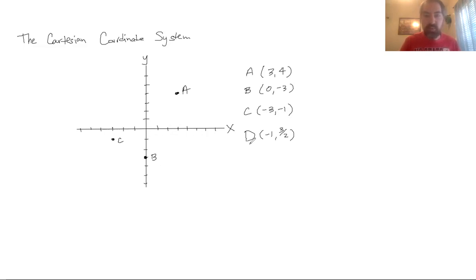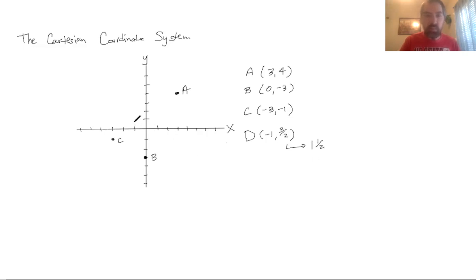And then finally point D. Did that one give you any trouble with that fraction? (-1, 3/2). Starting at the origin, we move to the left 1 unit. And the y value is 3/2, so we'll move up 3/2 units. Convert that to a mixed number if you need to. 3/2 can be written as 1 and 1/2.